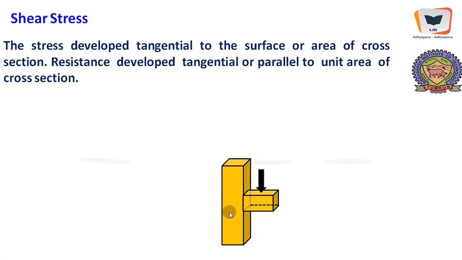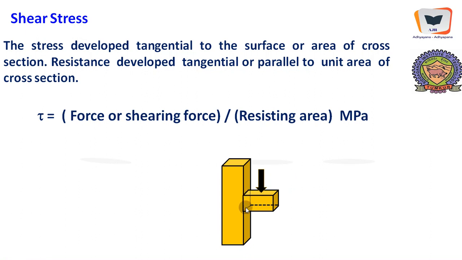Here is a component. To this component there is another component attached, and for some requirement, let us say we need to transfer the load over here, and if it fails at this particular junction, there is a lot of shear stress being developed, and this is the resisting area.